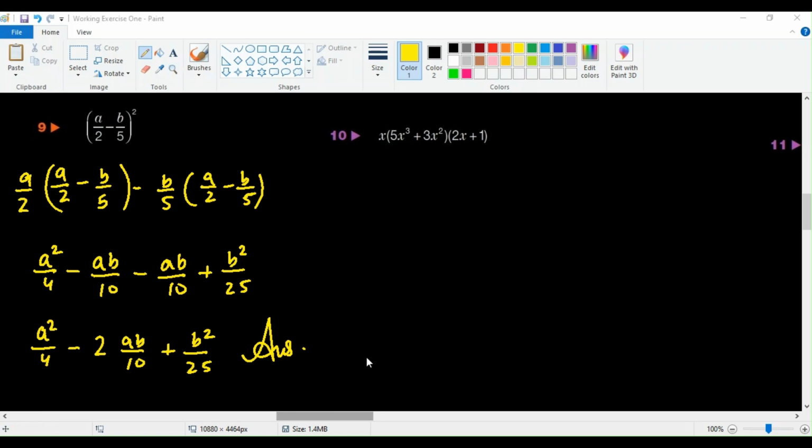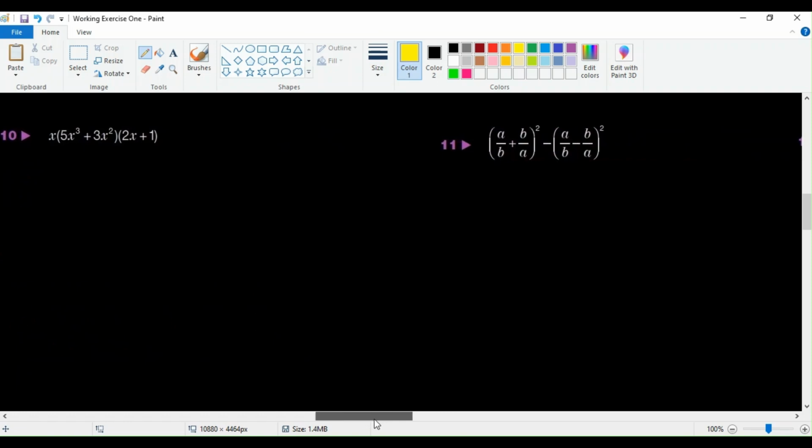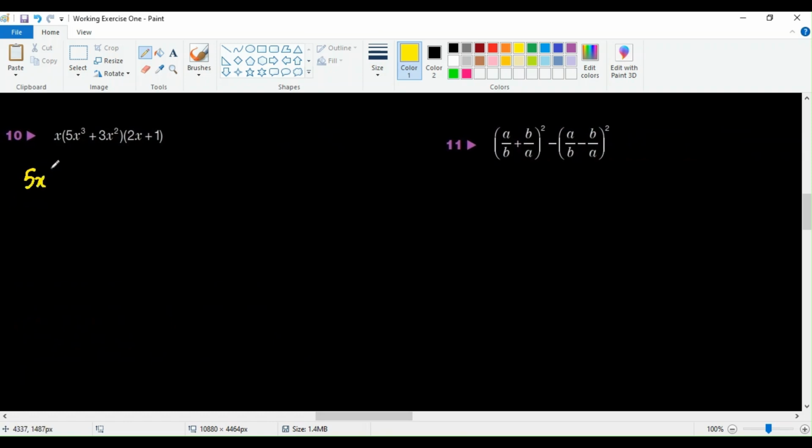In here, we are going to be multiplying x with the first bracket. So this is going to give us 5x to the power 4. Second one is going to give us plus 3x cube is going to be multiplied by 2x plus 1.